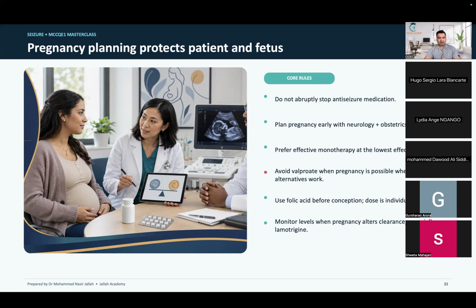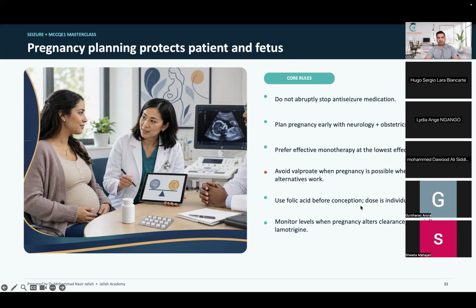Plan early with neurology plus obstetrics. Prefer effective monotherapy at the lowest effective dose. Avoid valproate in pregnancy whenever an alternative works. Use folic acid before conception.